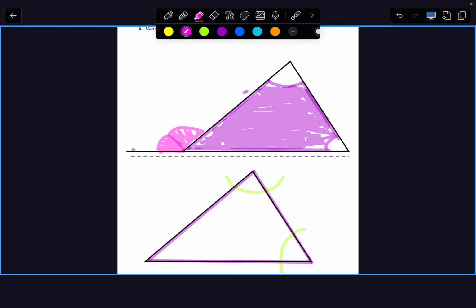Okay, while you're gluing, talk to your neighbor. What does this mean? This means that they all add up to two angles? Mine don't work.